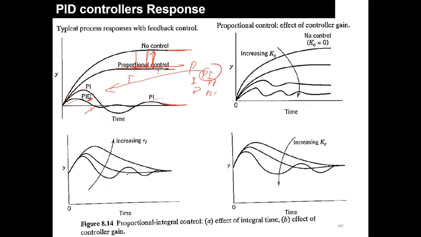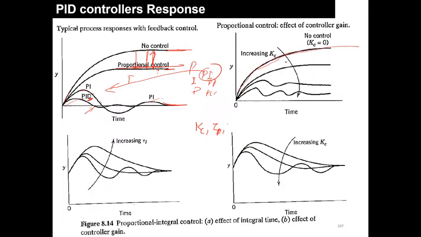Now we are going to check what happens when the gains of the PID controller, Kc, tau I and tau d, are changed. When no control action was acting, the response looked like this.